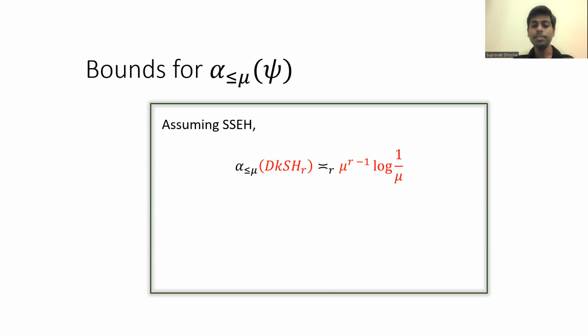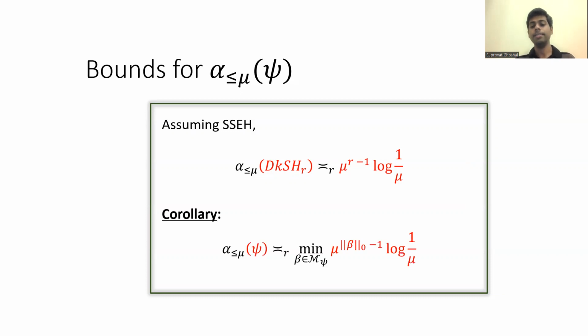And once we plug this into our previous characterization, which related the bias approximation curve of a general predicate with that of a set of Densest-k-SubHypergraph problems, we get that the best possible approximation guarantee for a predicate with bias constraint mu is actually mu to the i-1 log 1 over mu, where this i is basically the worst weight, that is, the maximum weight of any string in the set of minimal accepting strings.